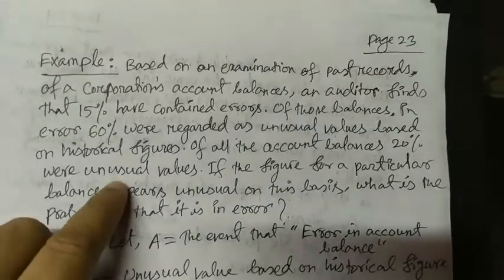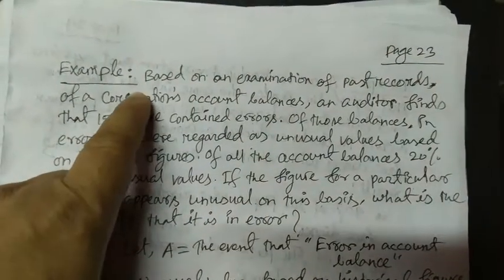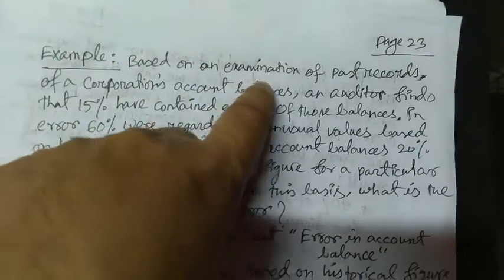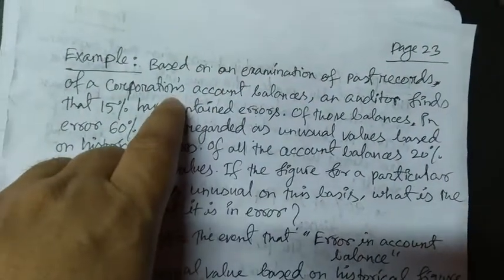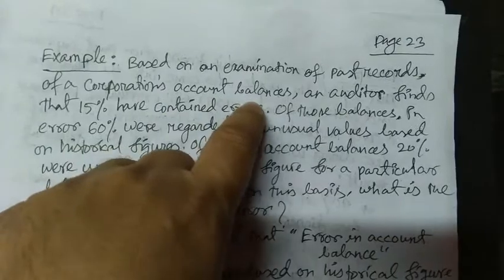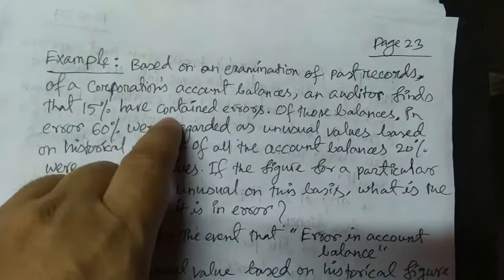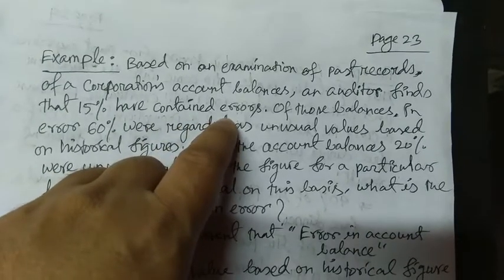Now we will move to page 23. So let's see what we have in this example. Based on an examination of past records of a corporation's account balances, an auditor finds that 15% have contained errors.